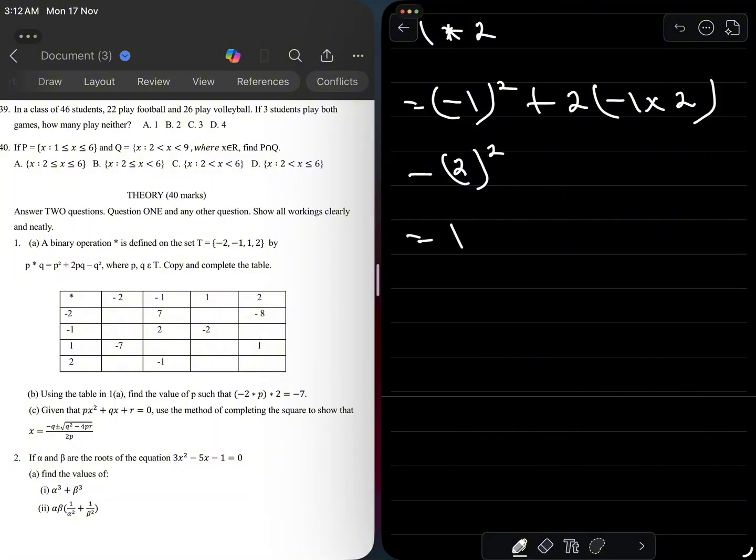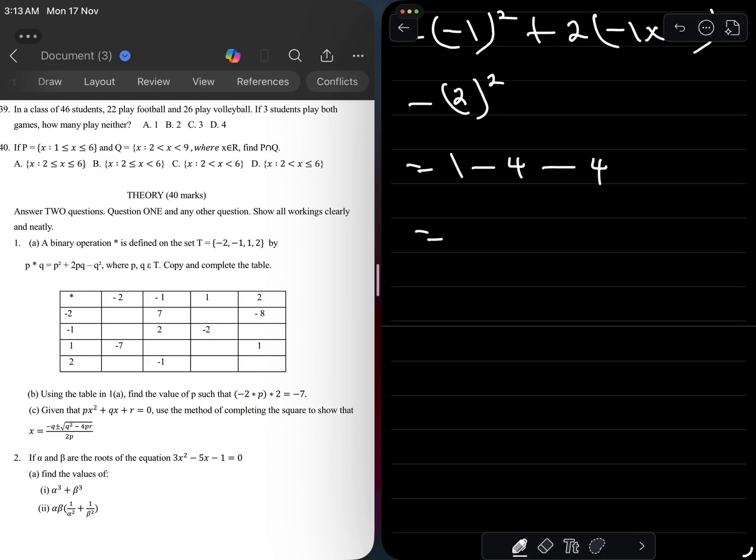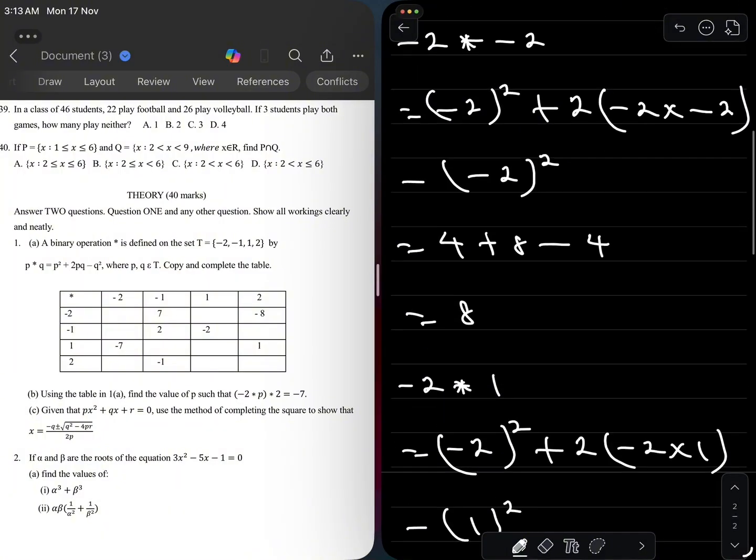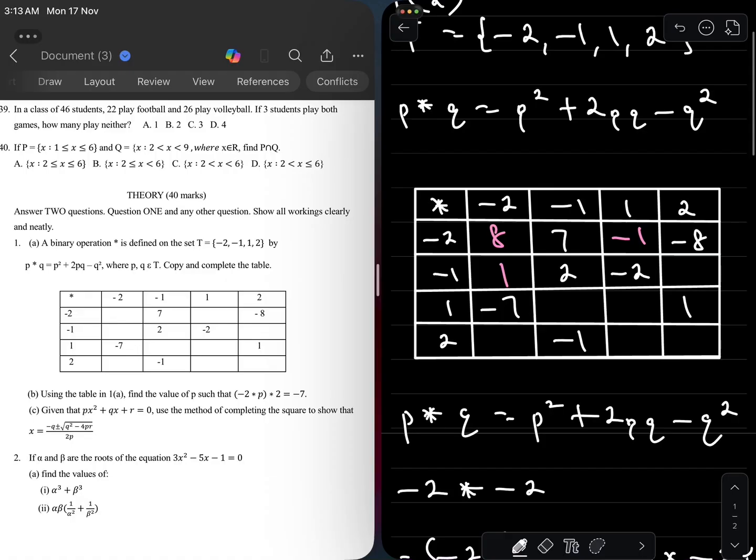Minus 1 times 2 is minus 2, times 2 that's minus 4, minus 4. And that will be 1 minus 4 is minus 3, minus 3 minus 4 is minus 7. So minus 1 asterisk 2 is equal to minus 7.